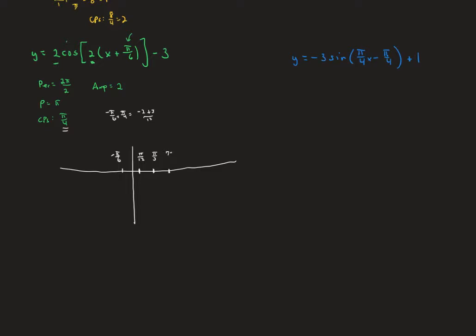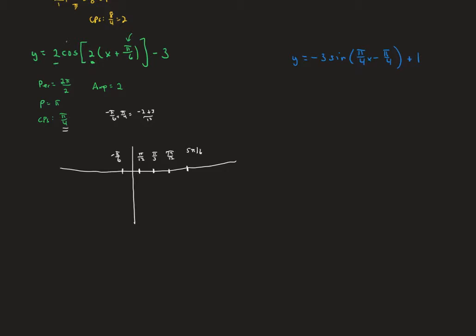That's going to be 7 pi over 12. Now I'm going to do this 4 times in addition to where I started. So there's 1, 2, 3, 4. This is my last one. I'm adding another 3 twelfths to the 7 twelfths. That's 10 twelfths, or 5 pi over 6.